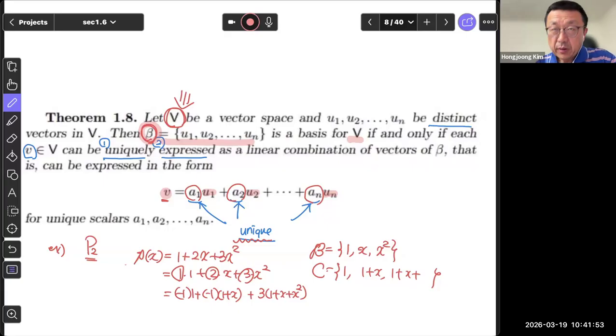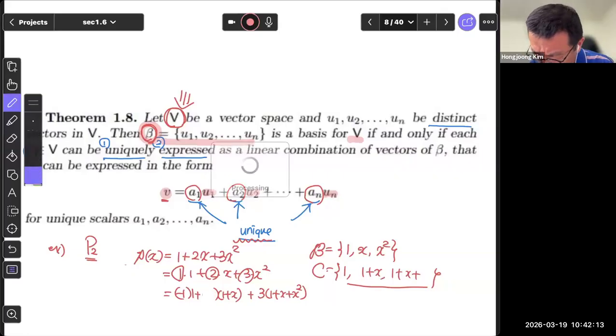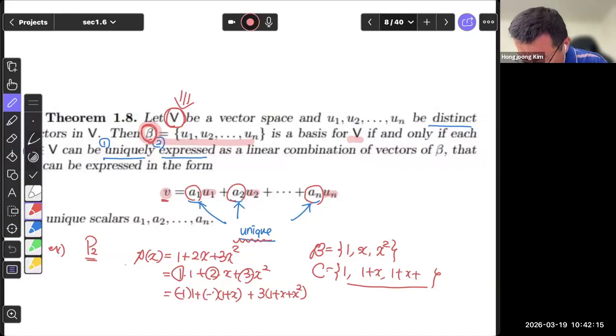So if I change the basis, the numbers a1, a2, a3 will be different. Sorry, I made a mistake with this calculation.